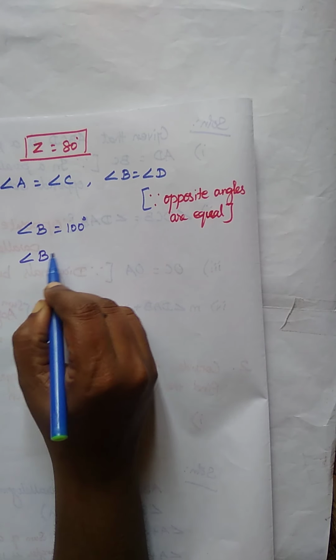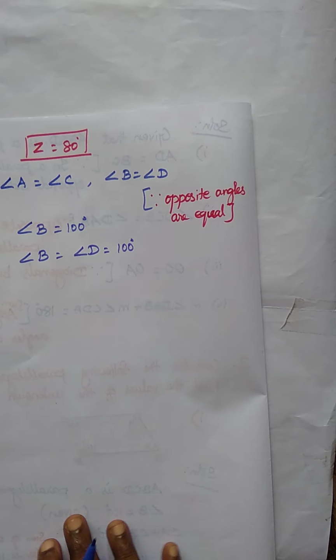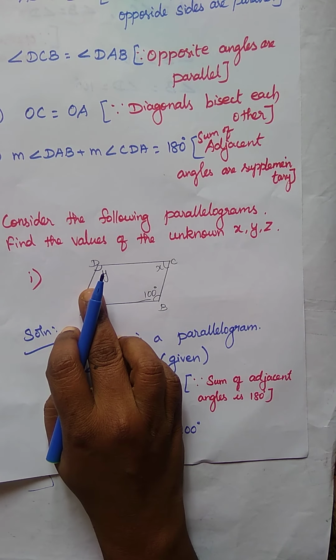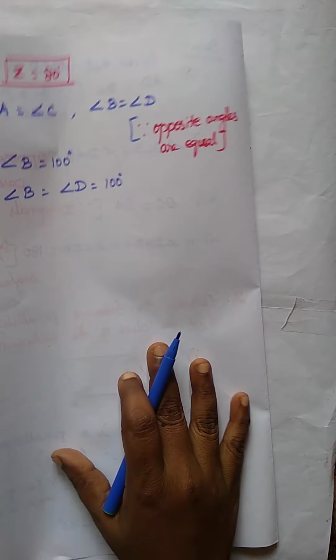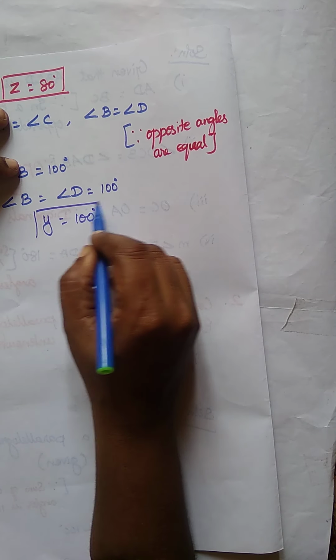Angle B is equal to angle D is equal to 100 degrees. What is angle D here? D is Y. So Y value is 100 degrees.